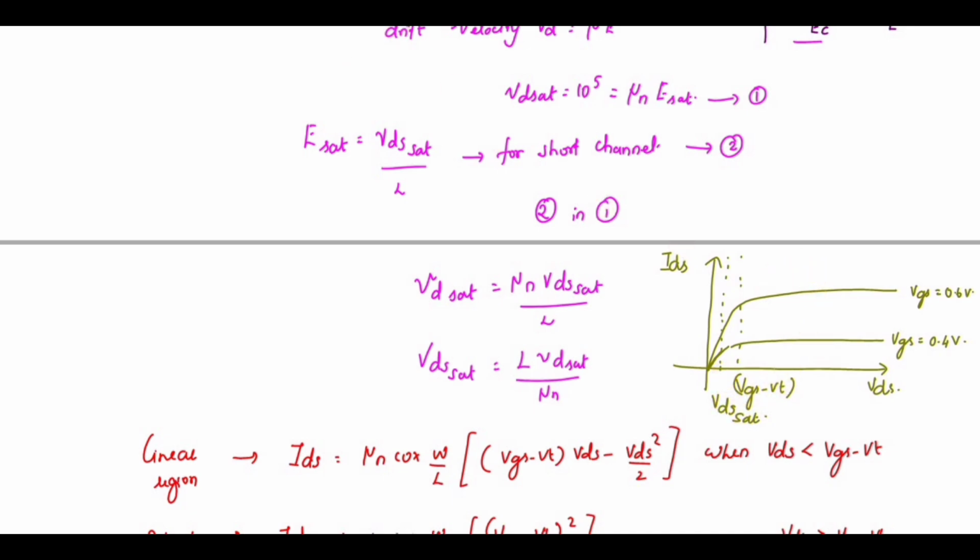So my IDS curve for VGS equal to 0.6 volt will look like this. You can see that due to this the current value gets decreased. This is called velocity saturation.